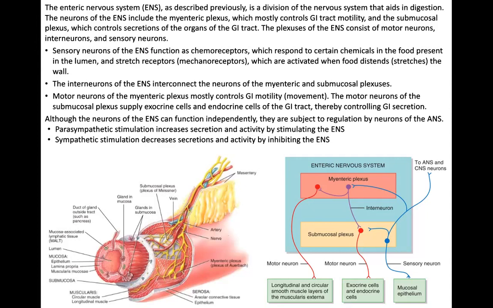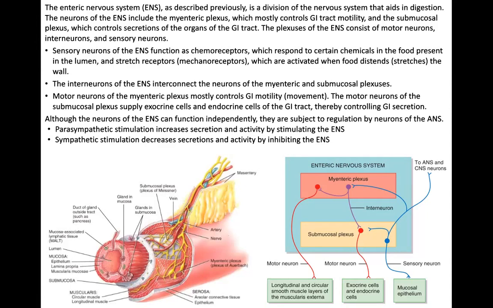Chemoreceptors, which we just talked about in our respiratory system, respond to chemical changes. In this case, like when food hits our stomach, the chemical concentration of our stomach changes, especially the pH of our stomach. So we're monitoring that, and we're monitoring the stretch of stuff like our stomach.